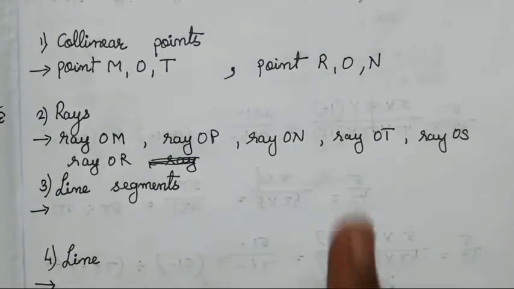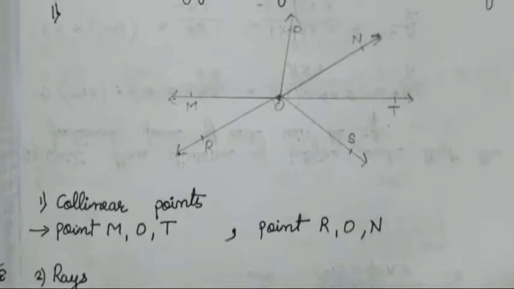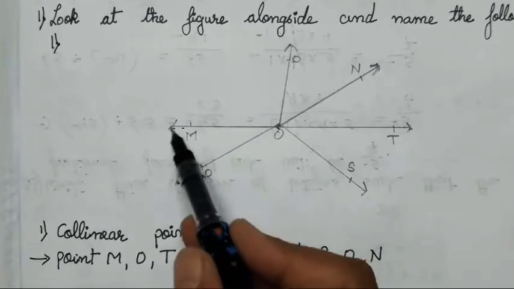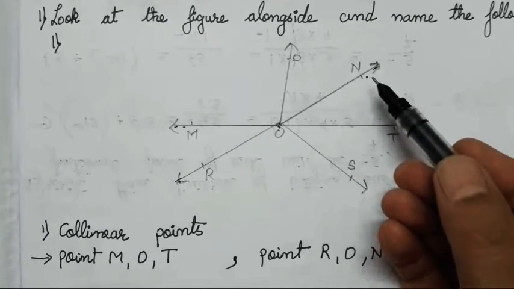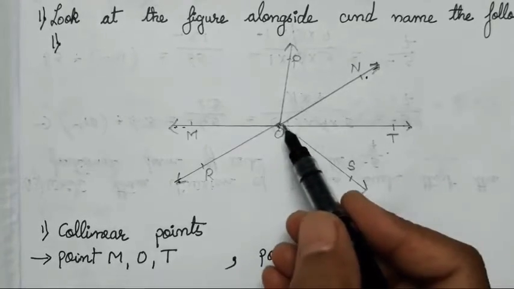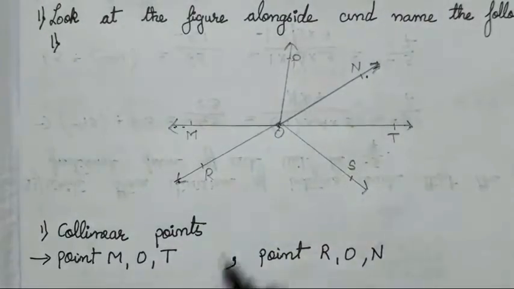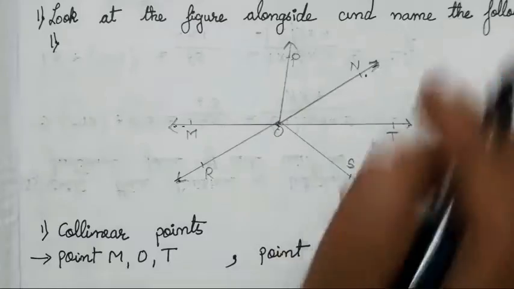Now what are line segments? Line segment means both the arrows. Barabar. So over here you will see there are so many lines. Line MT, both the arrows, RN, both the arrows. Alright, then OP, O and P. Over here also it has been shown in the form of a line only, line segment, because it is one dot and one arrow.